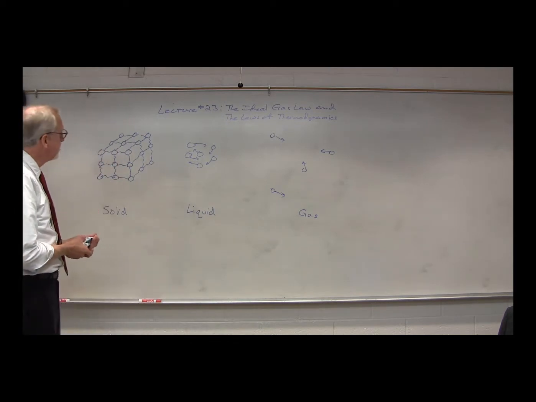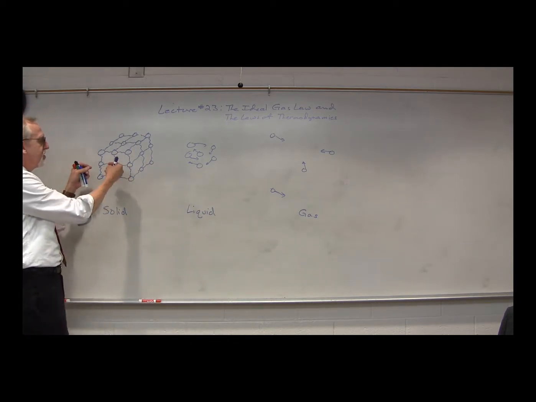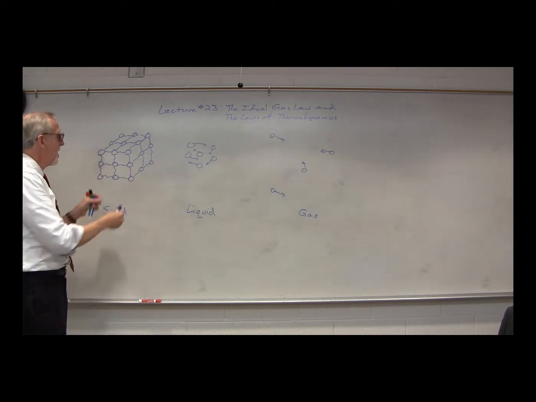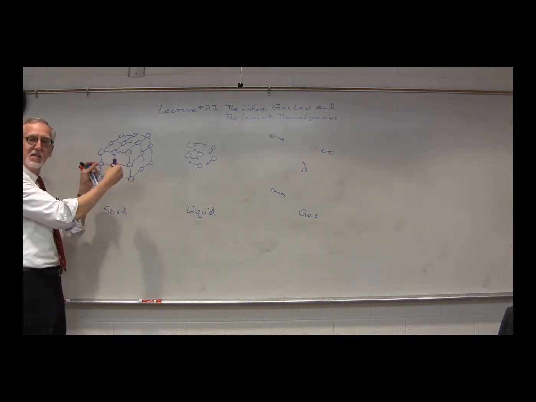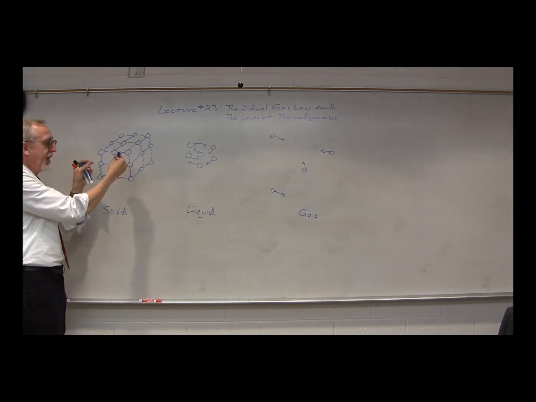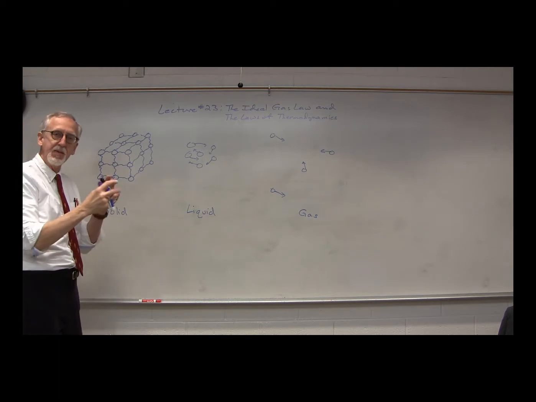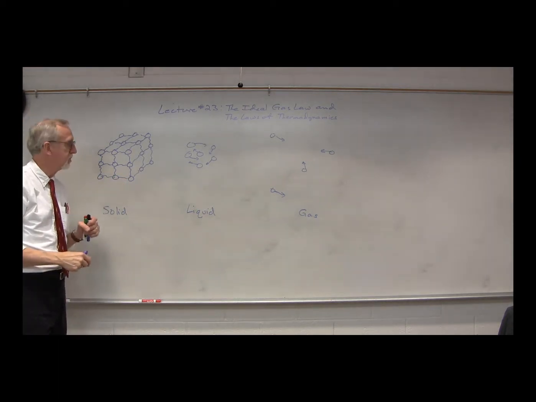A solid is basically a material where all the atoms and molecules are interacting with each other with these interatomic, intermolecular forces, and they're all basically held in place. They're all rigidly stuck where they are. They can move around their locations, they can vibrate a little bit, so to speak, but they're basically held in place by these very strong interatomic and intermolecular forces.